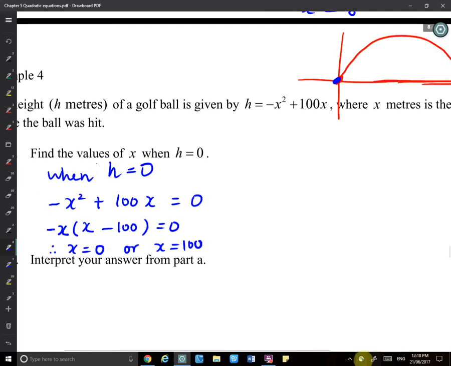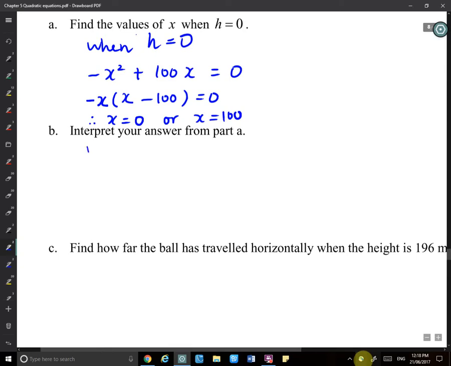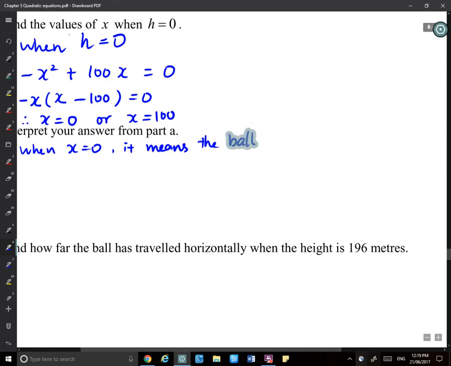So part B asks you to interpret your answers from part A. So what we'll say is, when x equals 0, it means the starting position of the ball.